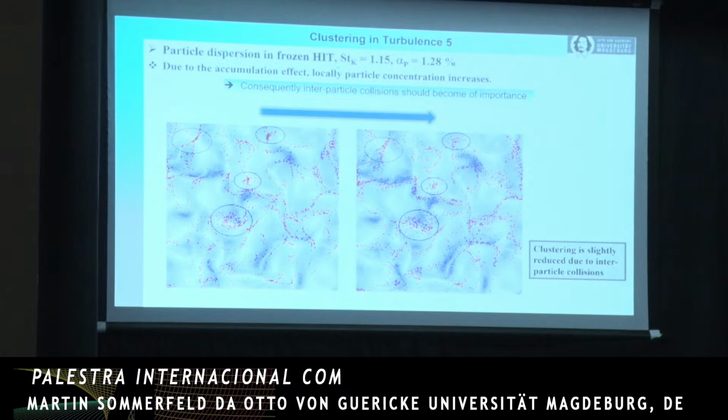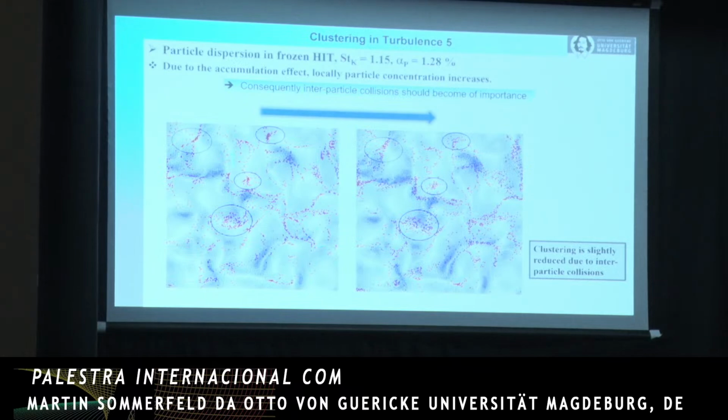Particle dispersion in a frozen flow. Nevertheless, we have one powerful computer with many particles. It takes some time to do these simulations. Transient, fully transient. So you calculate flow field, particle tracking, all sequentially.